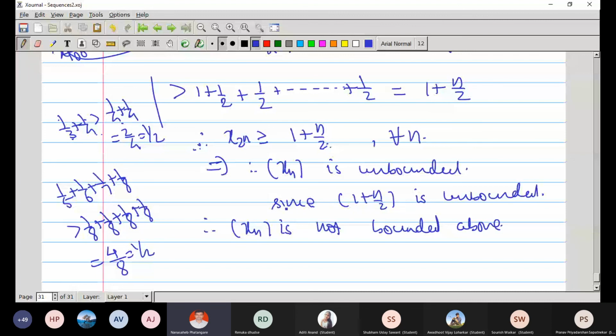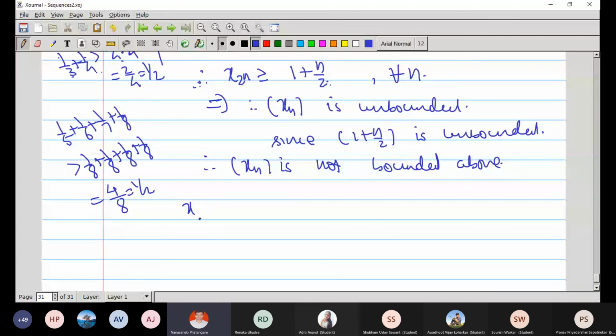Okay, one ambiguity could be, suppose we are just looking at x2, x4, x8, x16, right? x2 raised to n. We are just looking at these terms. What about the in-between terms, x3, x5, x6, x7? Do you understand? Because the tendency of the sequence is increasing.